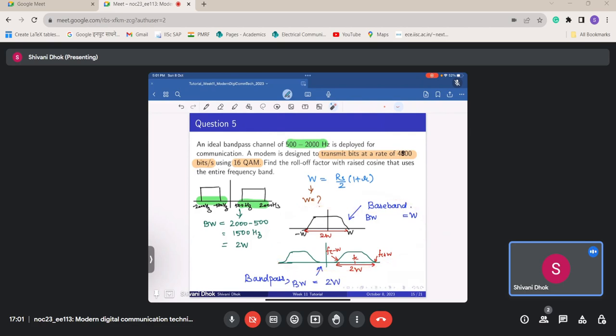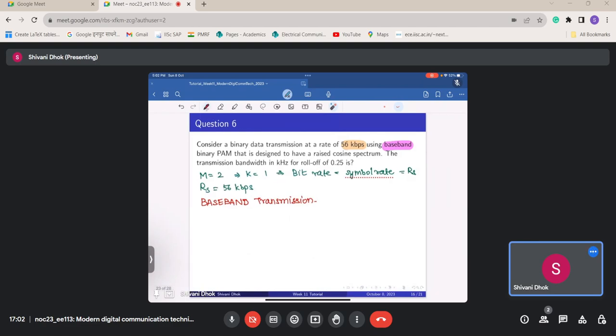We look at this much part as the bandwidth. So your transmission bandwidth will be equal to W, and we know that W is equal to Rs by 2 into 1 plus R, and we have been given this R as 0.25.